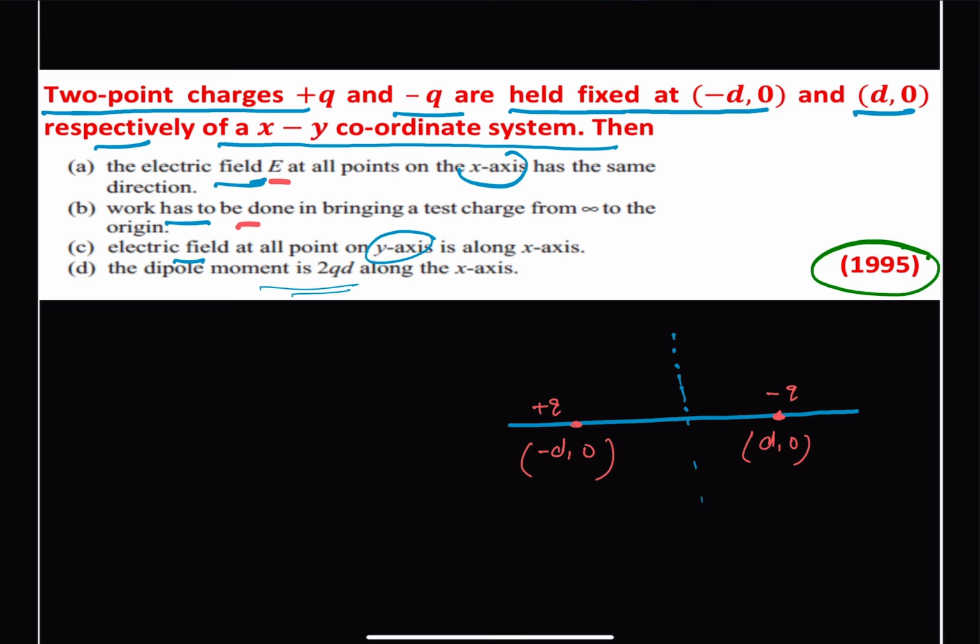So let us start by, first of all, it is much easier to calculate the dipole moment. So let's find out the dipole moment. We are given that we have a charge plus q located at minus d comma 0, and a charge minus q at d comma 0. And we already know the formula for dipole moment.